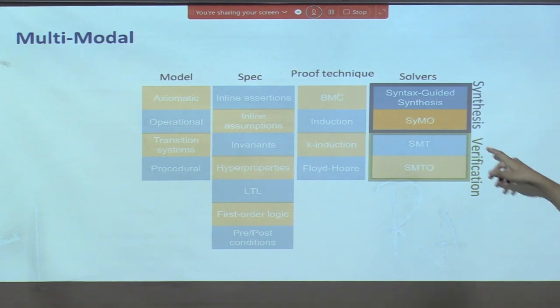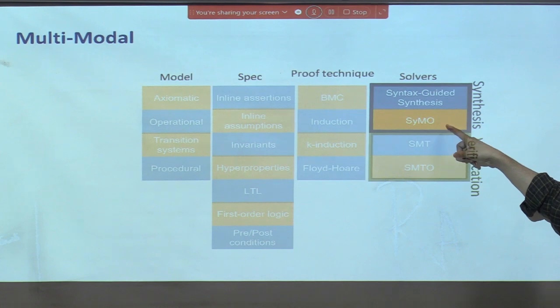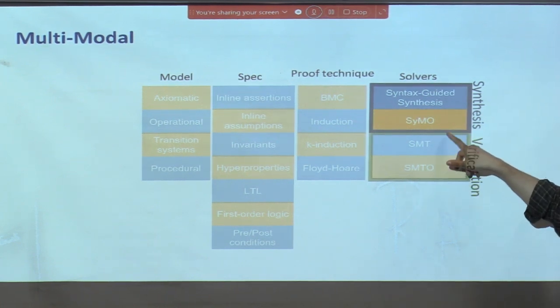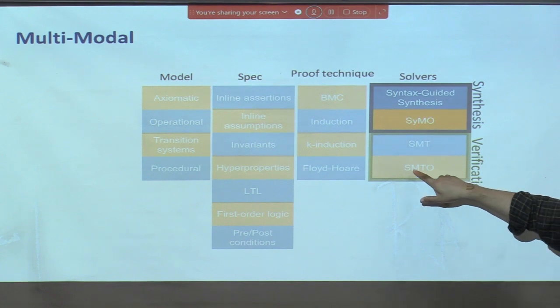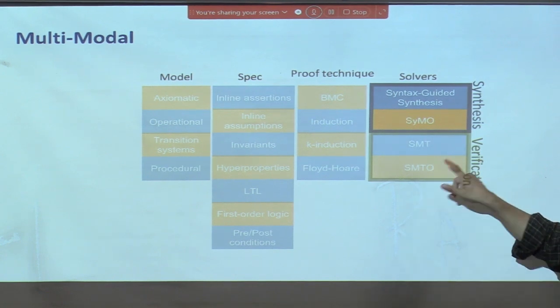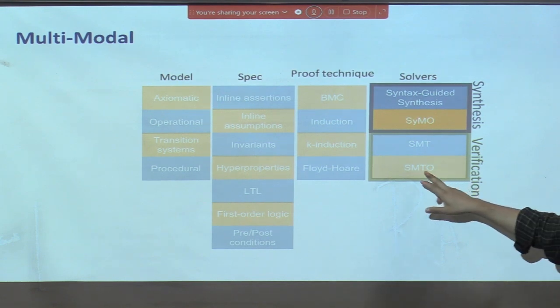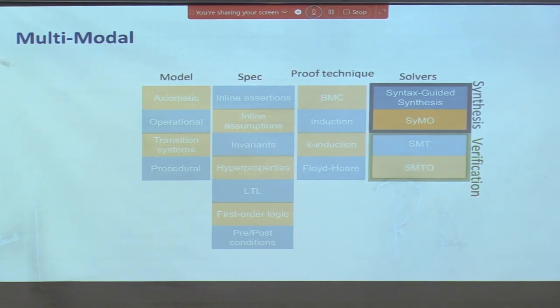Okay, so coming to Akshay's question, right? So SIMO and SMTO, these things I lectured about in the winter school last December, but SMTO is SMT with oracles. So this is an extension that we've done in my group in the last 2 years, where you can take an SMT solver, and one of the limitations of SMT solvers is that everything has to be encoded in logic, right?